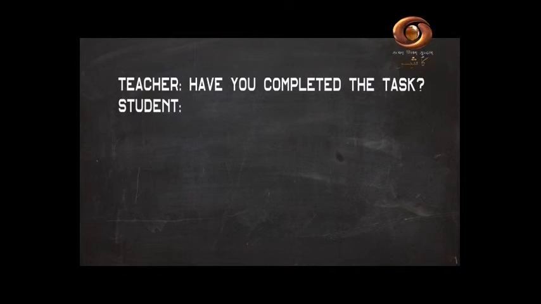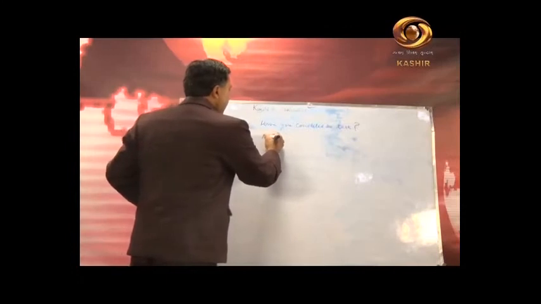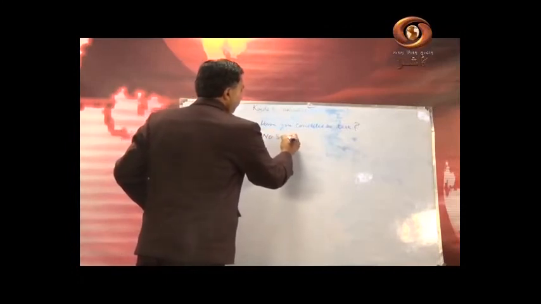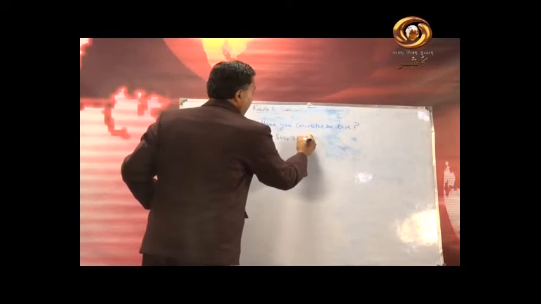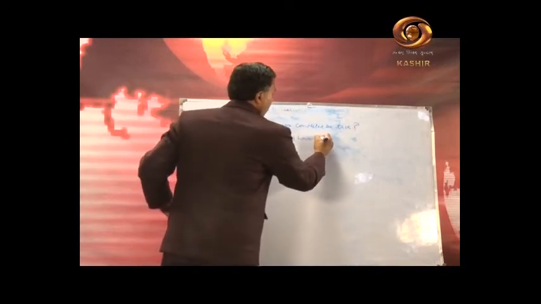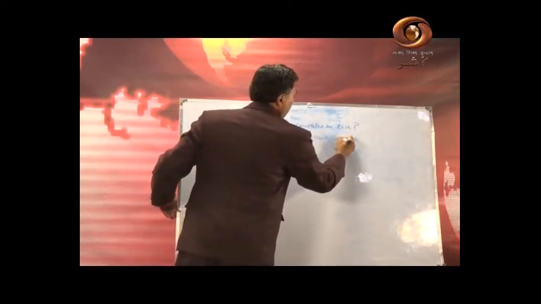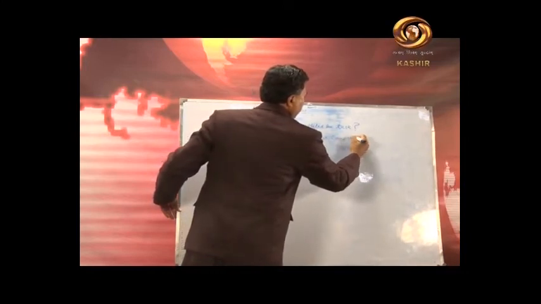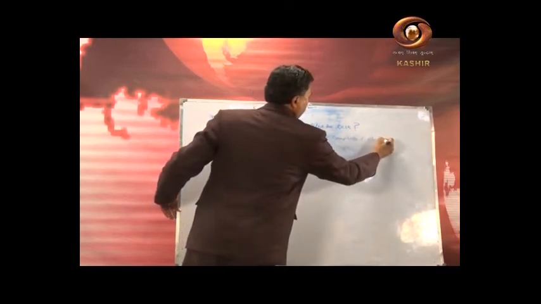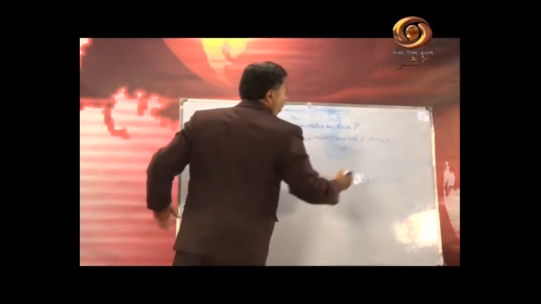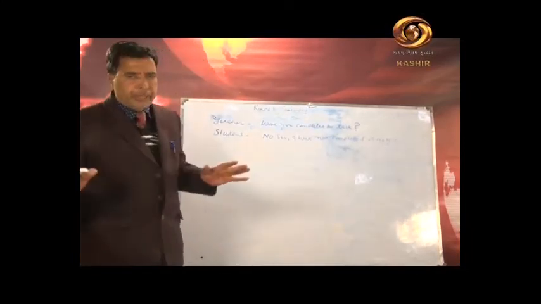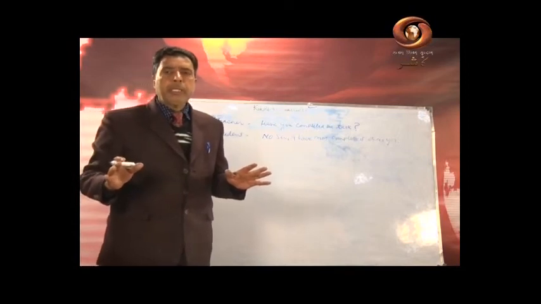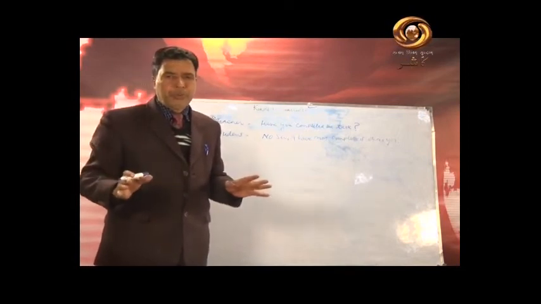Write the dialogue between the teacher and the student. The teacher asks the student, have you completed the task that I gave you yesterday? Student says, no sir, I have not completed it as yet, or I have not written it. So he is not able to show his notebook. Why?